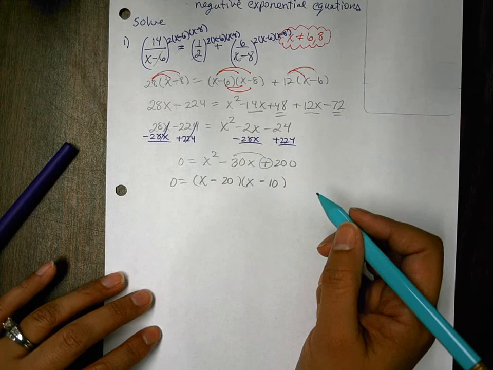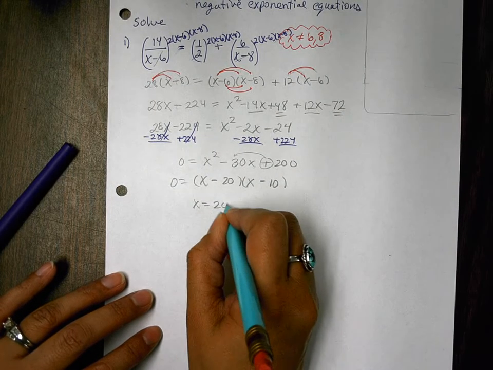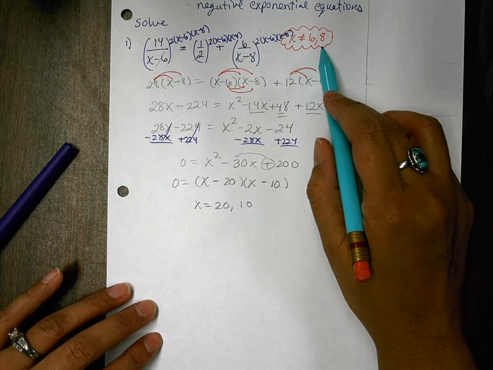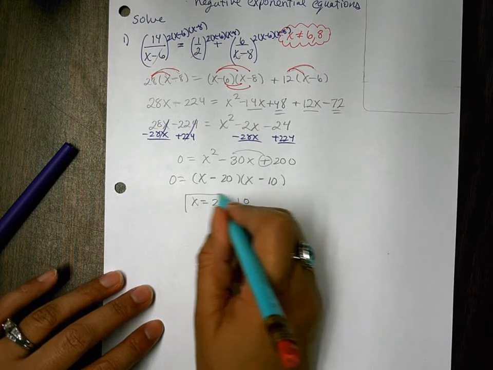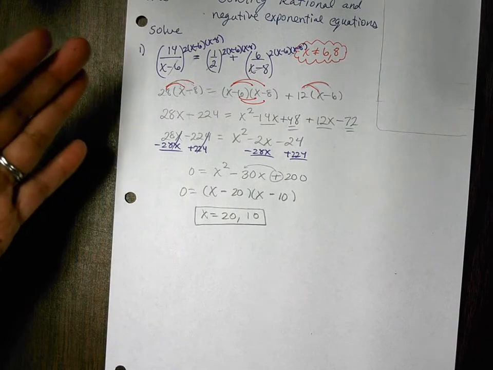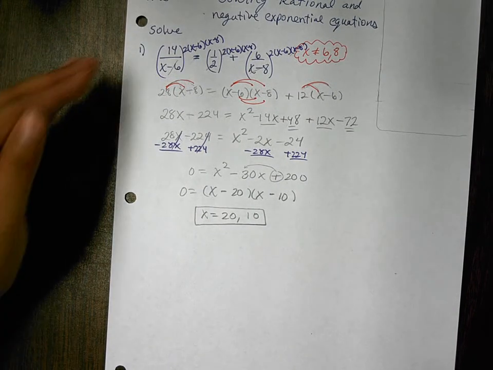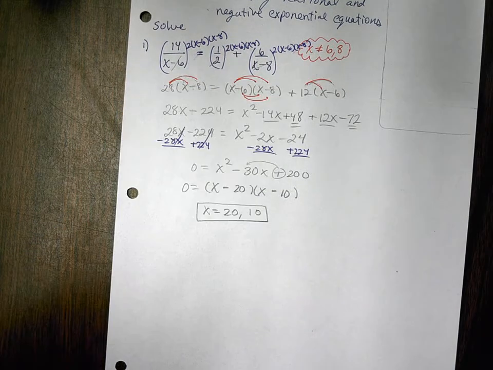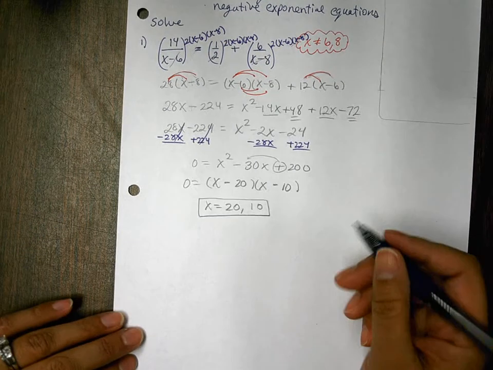Set them both equal to 0 and solve. You get x equals 20 and x equals 10, and neither one of them is a restriction, so this is my answer. If you have time, you can go back and check by plugging in, but if you're confident in your work and it doesn't conflict with your restrictions, then you're good.